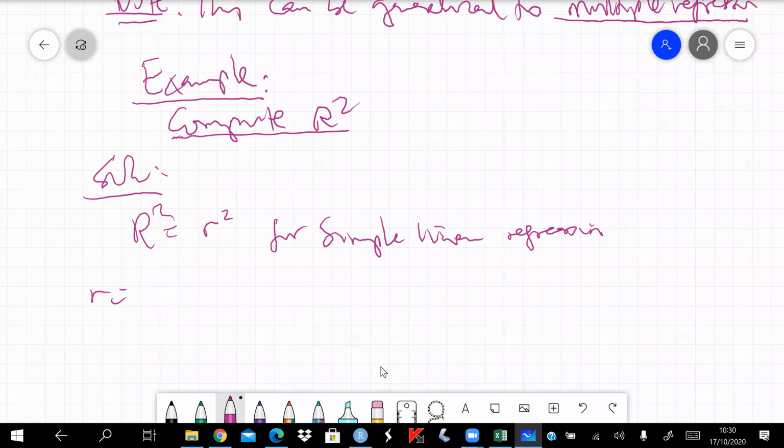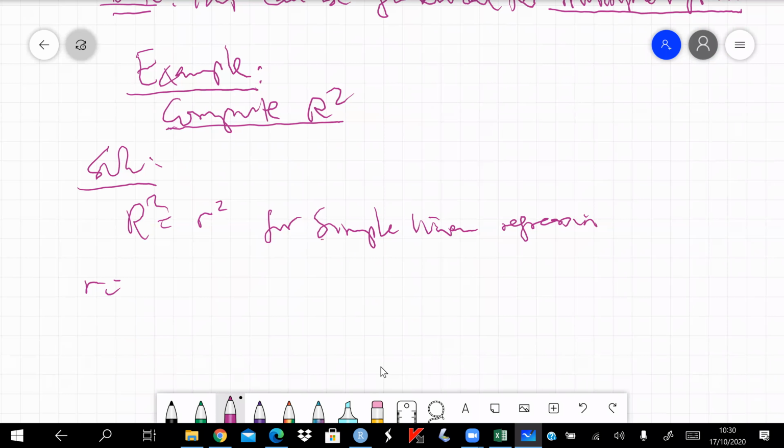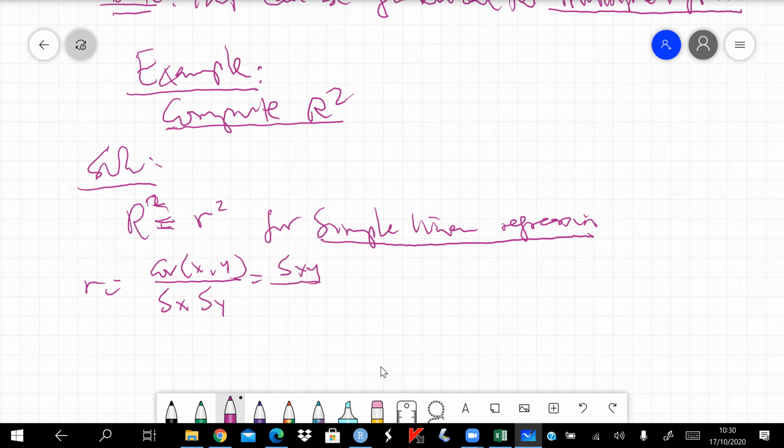So as you've mentioned, in the case of simple linear regression, capital R squared is equal to the small r squared, where the small r is the correlation coefficient. And correlation coefficient is given by the covariance of x and y divided by the standard deviation of x multiplied by standard deviation of y. So this is the same as s of xy divided by s of x, s of y.